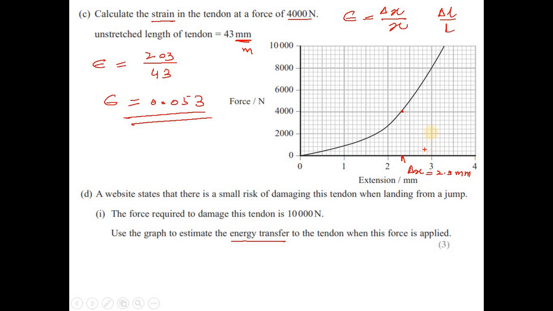You can count the squares under the graph, this is the region you need to find the area of, and find the total area. This will give you the energy transferred.